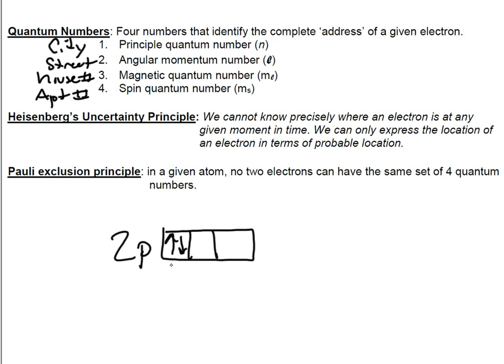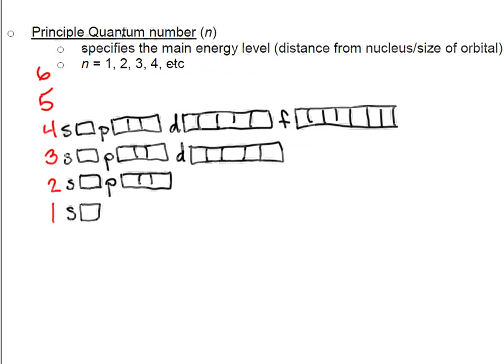All right, so let's go ahead and move on now to talk about our first type of quantum number. Our first type of quantum number is, again, the most generic. It's our city, if we're using the analogy. And it gets abbreviated with an N. So if you see something asking you for the N, it's talking about the principal quantum number, the most generic.